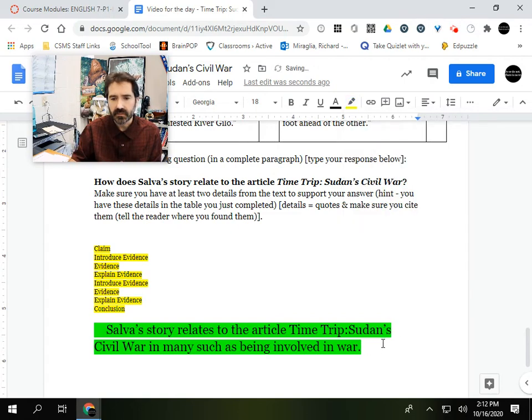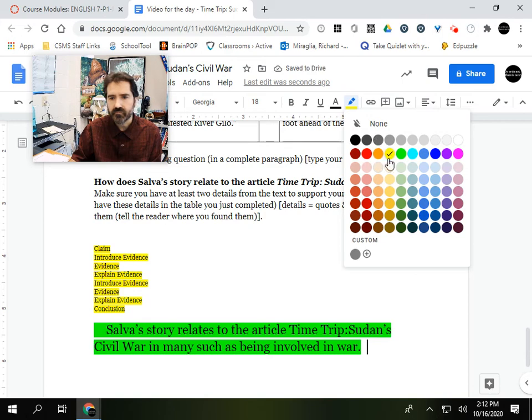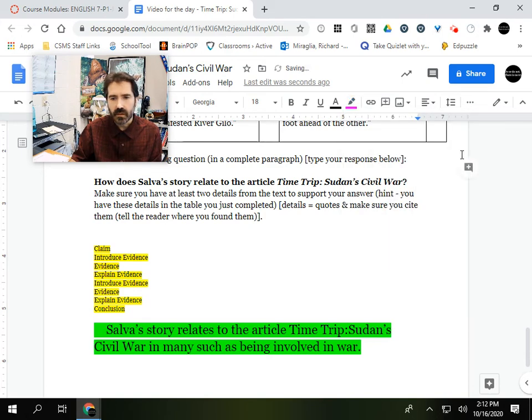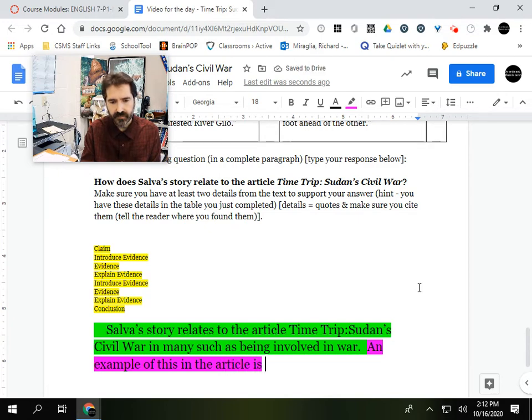I could start off by saying an example of this in the article is found in paragraph.